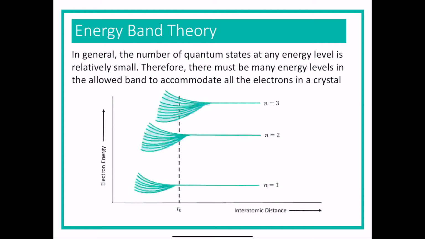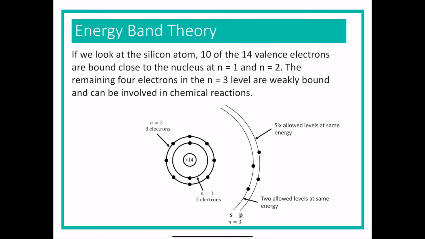Now, what we look at more than anything else here is silicon or germanium or gallium arsenide. If we look at a silicon atom, 10 of the 14 electrons are bound and we don't concern ourselves with them at all.